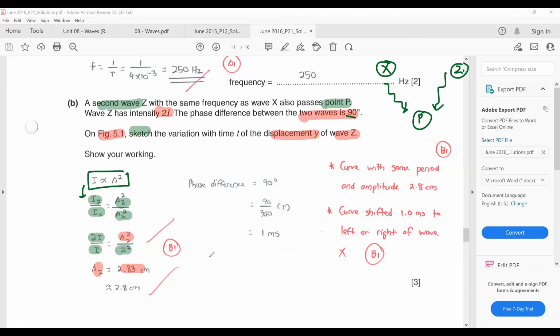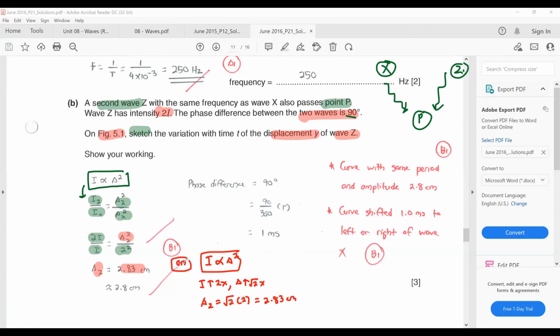If you want to do it differently, like the way that I mentioned just now, you can. If the intensity increases 2 times, the amplitude must increase by square root of 2 times. So the amplitude of Z will be square root of 2 times 2, giving me 2.83 centimeter.